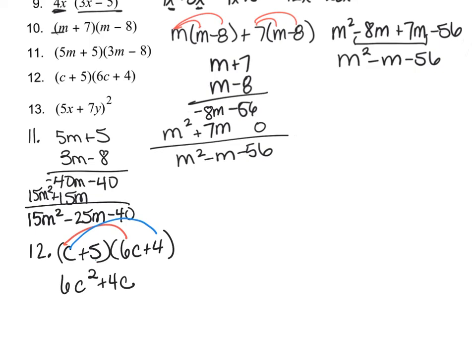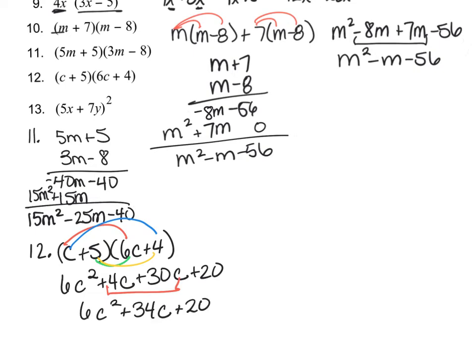Then I'm going to do 5 times 6c plus 30c. And then lastly, the 5 times the 4 plus 20. Making sure I'm just multiplying each term by each other. Here are my like terms, my c. So 6c squared plus 34c plus 20 was my final answer.